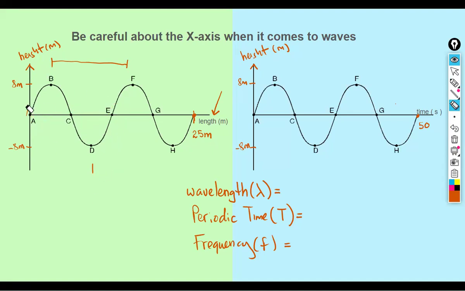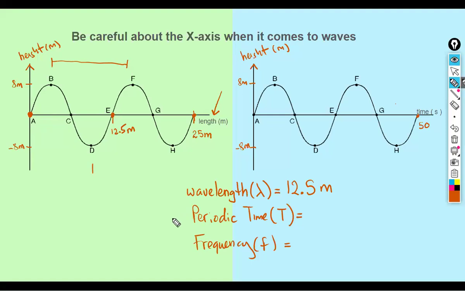So the easiest way is to find the distance between A and E. If you have noticed, you have two wavelengths here, right? Two oscillations. An oscillation is basically one wavelength. If from here to here is 25, any middle here will be 12.5. Does that make sense? Because it's half, right? So the wavelength is actually 12.5 meters.